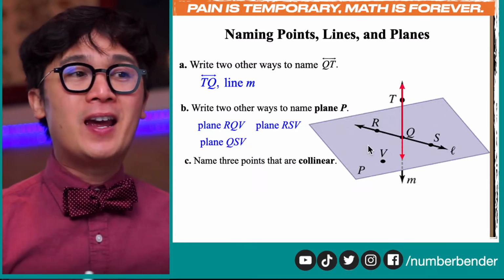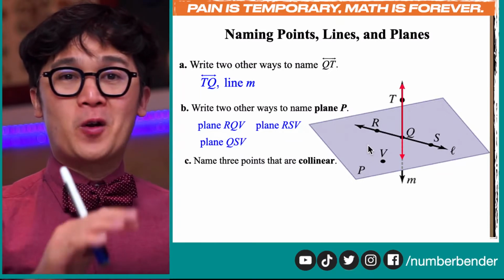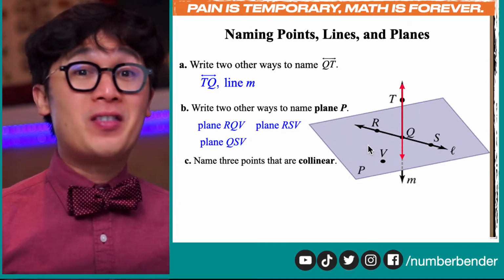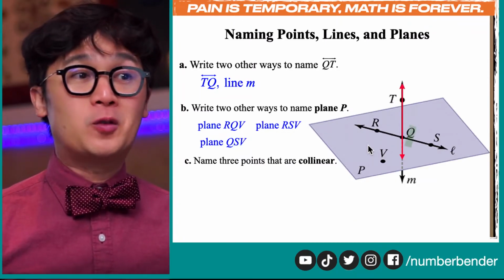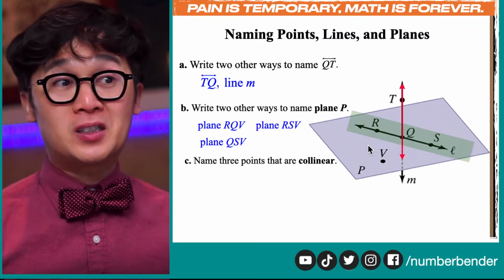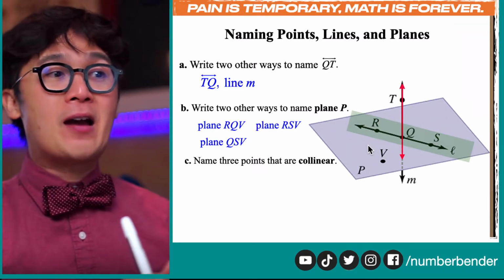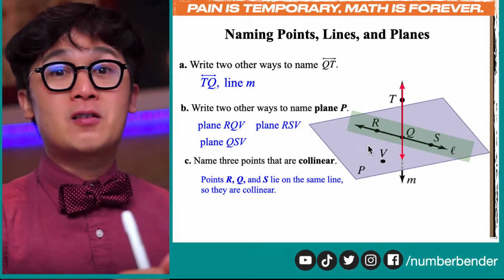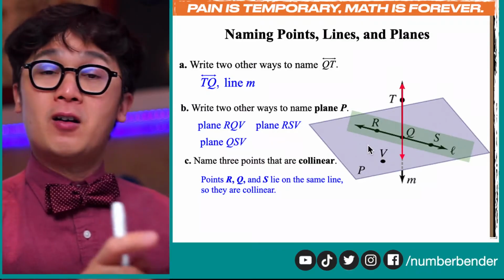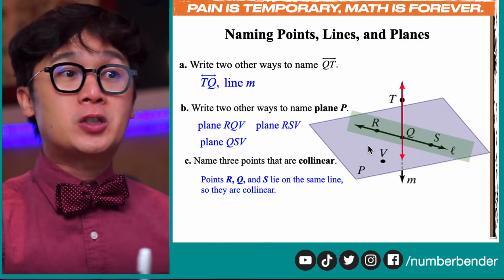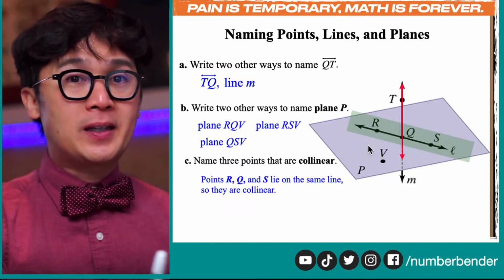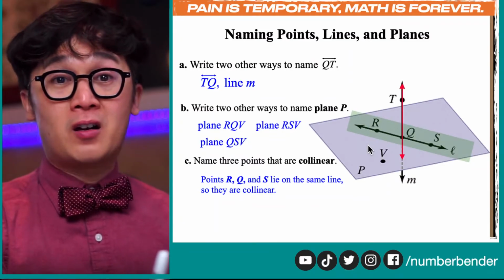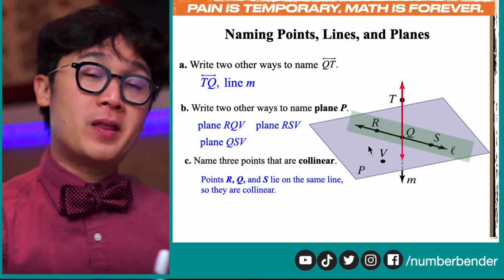So that means one or a group of points that's on the same line in this particular plane would be this one right here, which is pretty obvious. So we can have those 3 points as 3 collinear points because they are on the same line. And we cannot use RQV because RQV, even though there are 3 capital letters there, they're not lying on the same line.